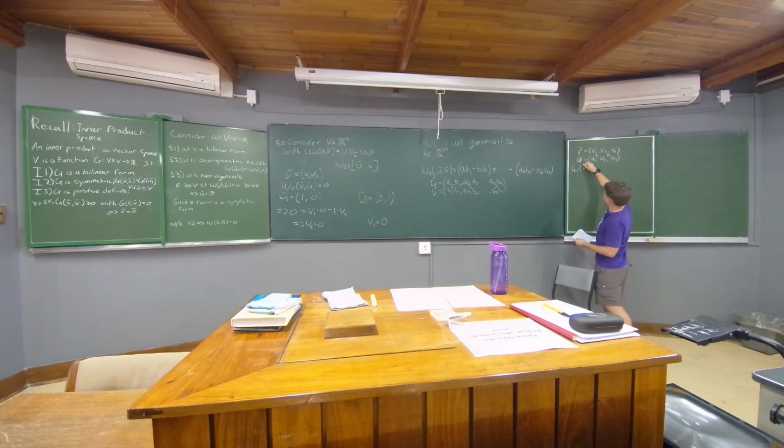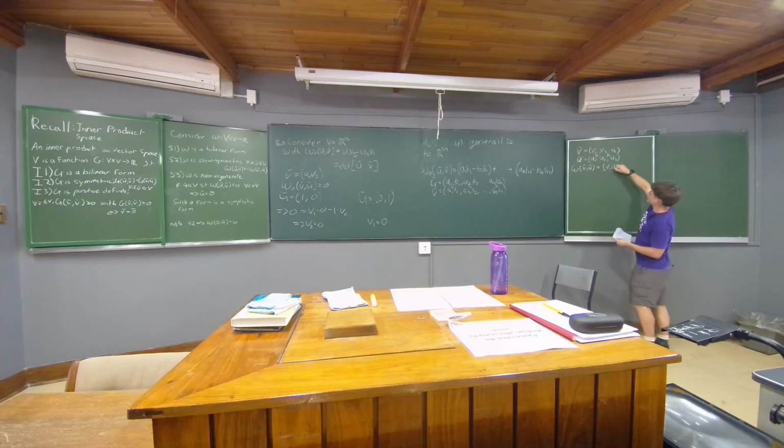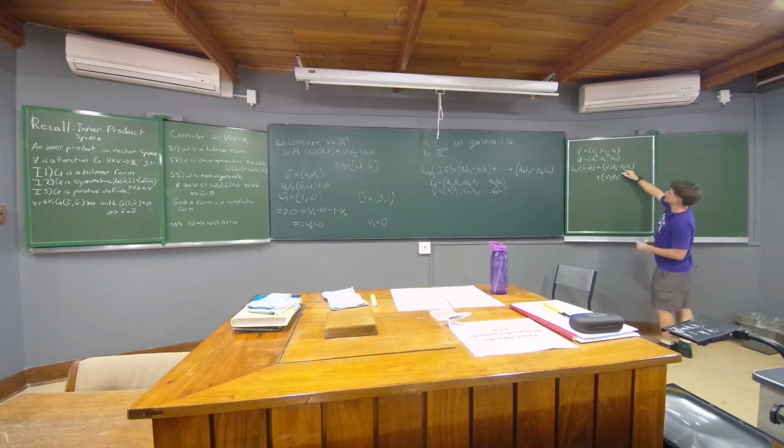Okay? So this gives us omega(v, u) is v1 u2 minus v2 u1 plus v2 u3 minus u2 v3.